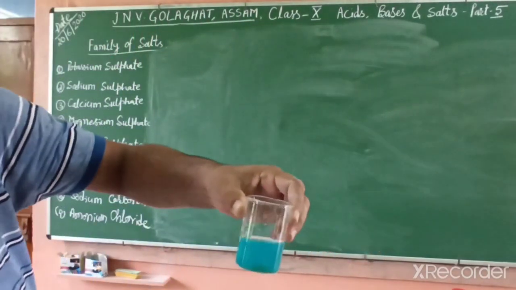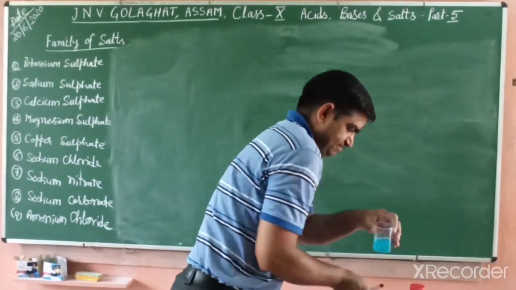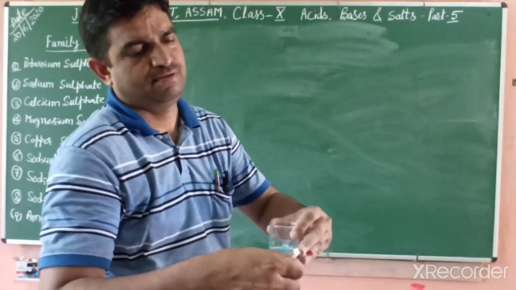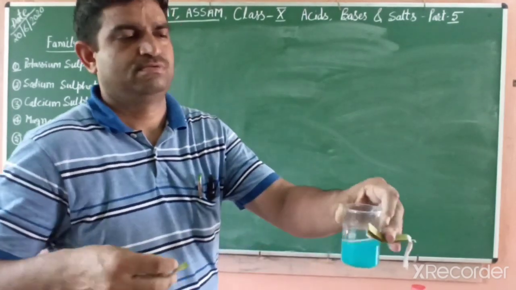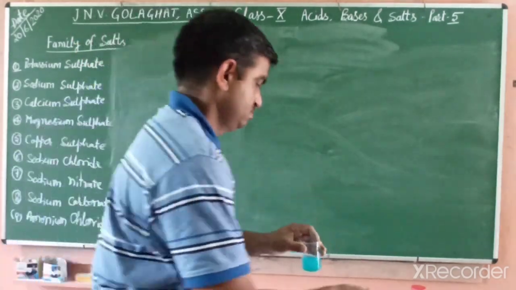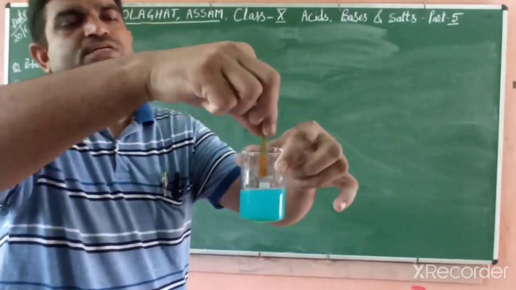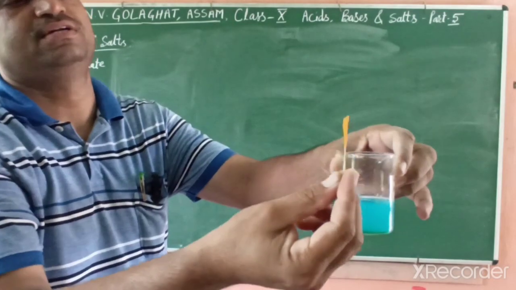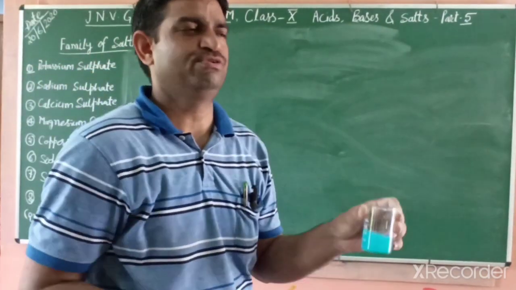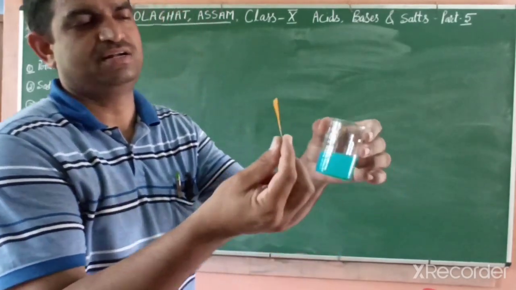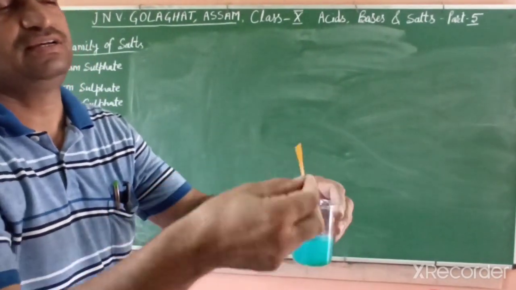And we will check its pH. Its pH is, again, acidic because copper hydroxide, we know, is a weak base and HCl is a strong acid. So this is an acidic salt.